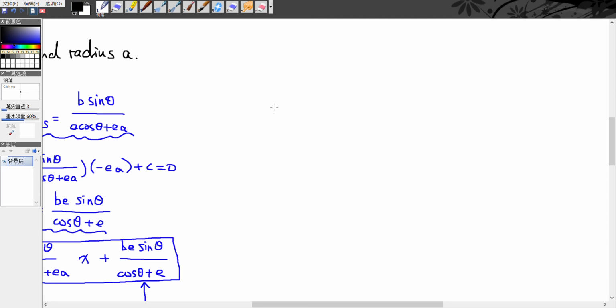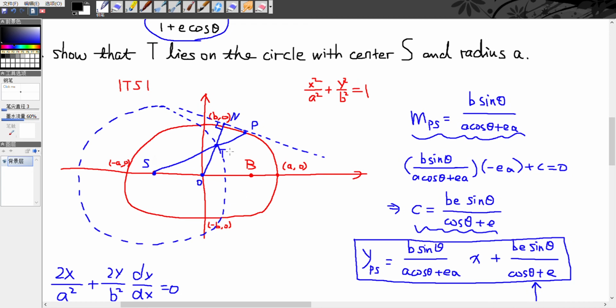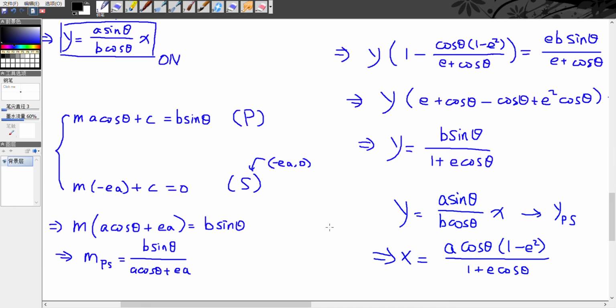So we can see that the point T is xt, yt, and the point S is negative ea, 0.